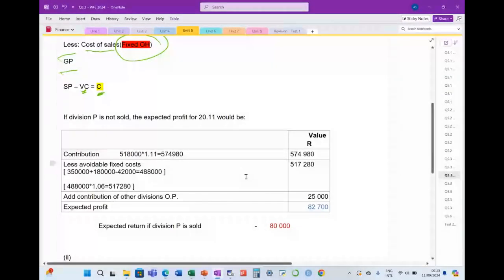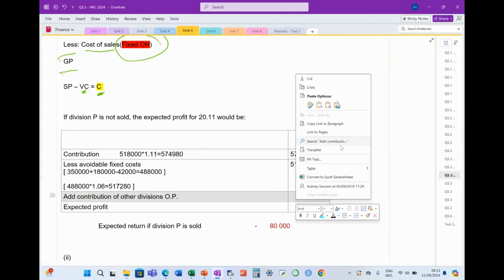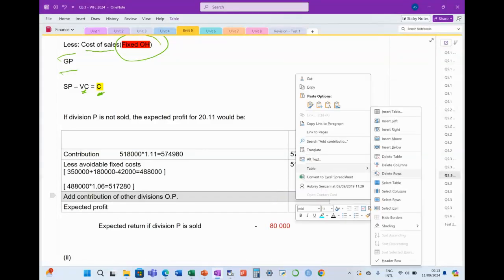Right, so when you minus those two, what do you get? Maybe I should add a row here, just so that we can see our profit.